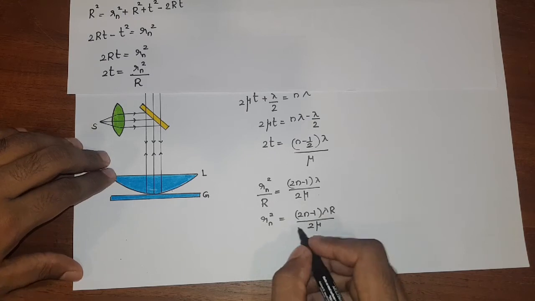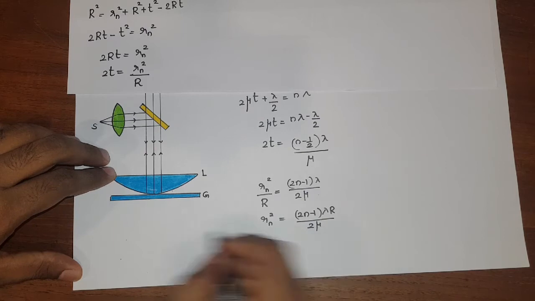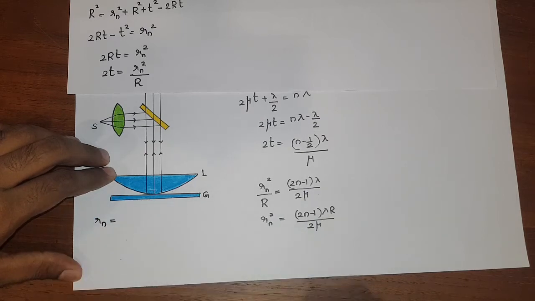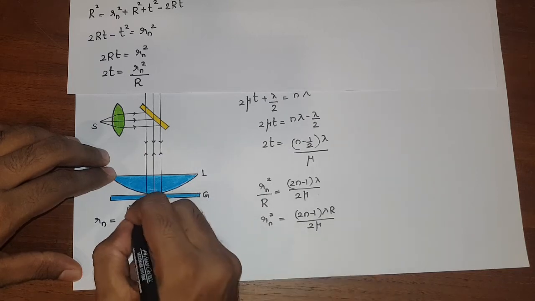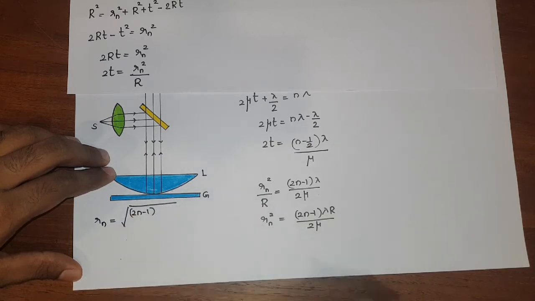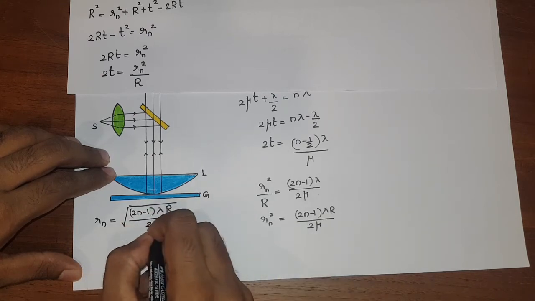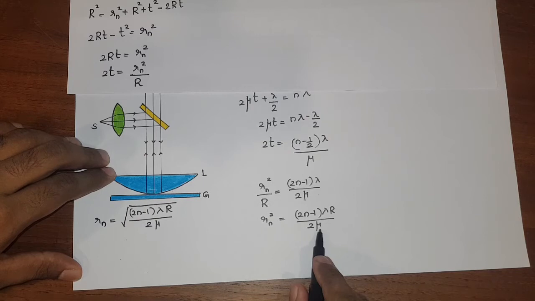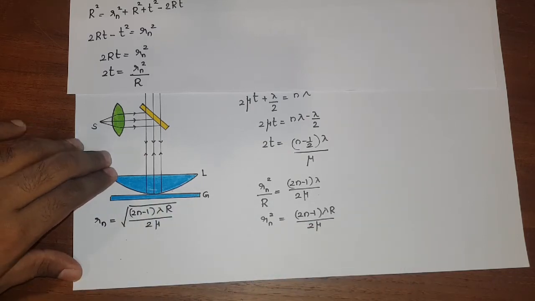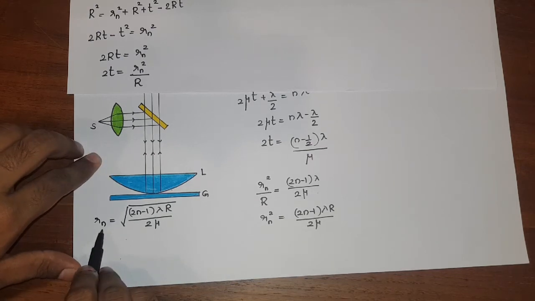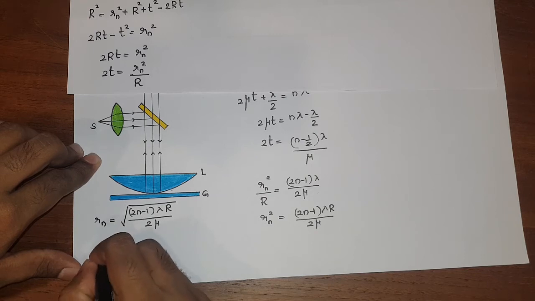Alright, I'll do it step by step. I'll do it from here. So I'm just taking the square root, so I'll get Rn equal to square root of (2n minus 1) into lambda R divided by 2 mu. Remember that this mu can be omitted because if it is air, mu value will be 1. I am now retaining it. That is your choice. So if we have the radius, then just multiply both sides by 2, you will get the value of diameter.